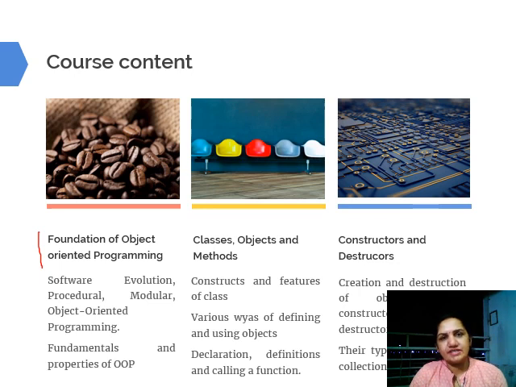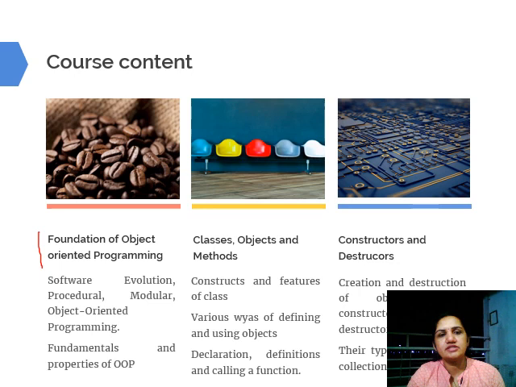What do we mean by facilities? By facilities, we mean that by using object-oriented programming, we are supposed to achieve certain characteristics, for example, security. Object-oriented programming allows you to write a program in which security is provided to data. So how do we do it? Or let us say there is a concept of modularity.